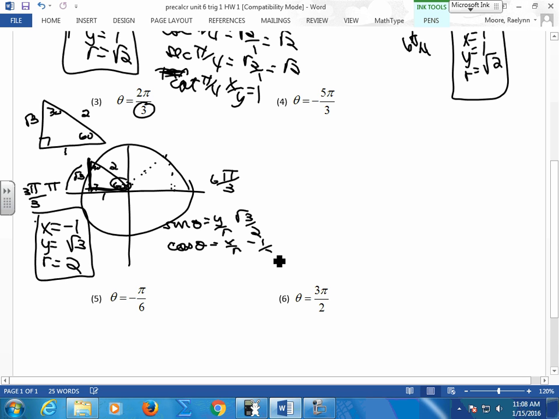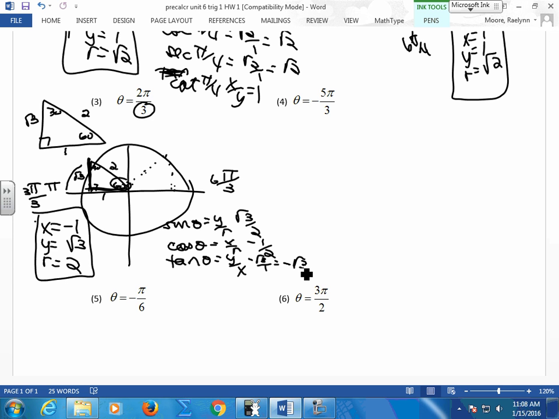Negative 1 over 2. Tangent is y over x. Radical 3 over negative 1 gives me a negative radical 3. Doesn't matter where you put your negative, as long as you just have one negative.